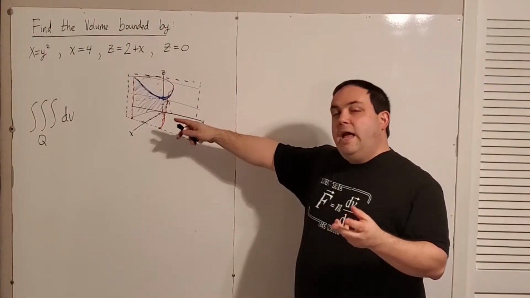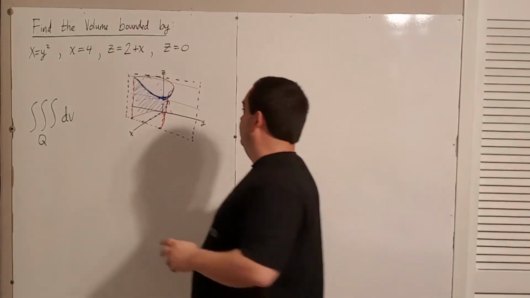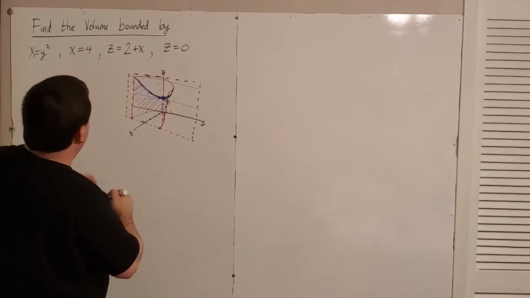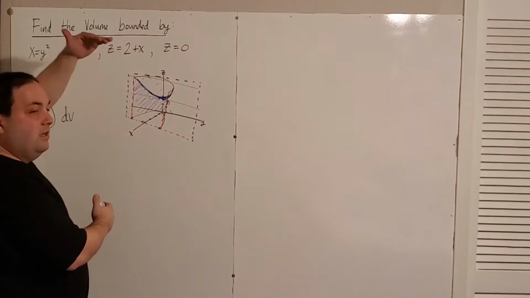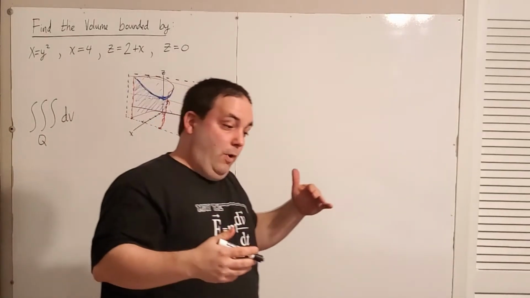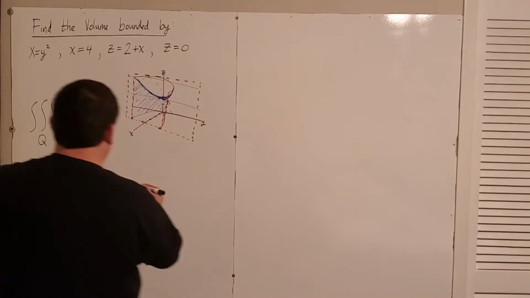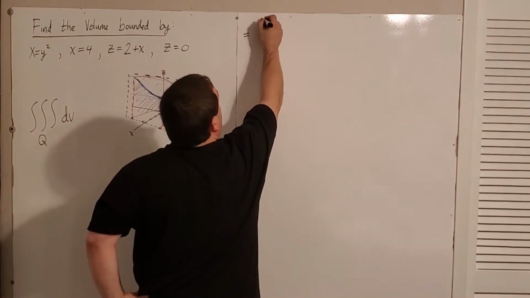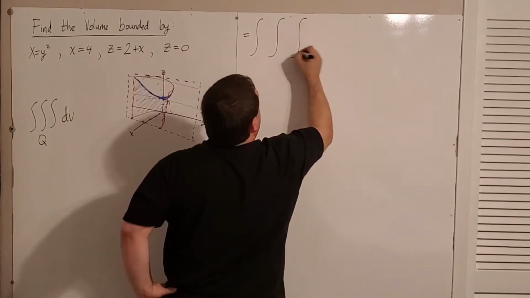Let's talk about how we can get our boundaries here for the iterated integral. We're doing the region inside of this thing here, okay? So then I want to set up my integrals so that everything flows like it's supposed to. Okay, so then I'm going to set up my 3 iterated integrals here, like this.